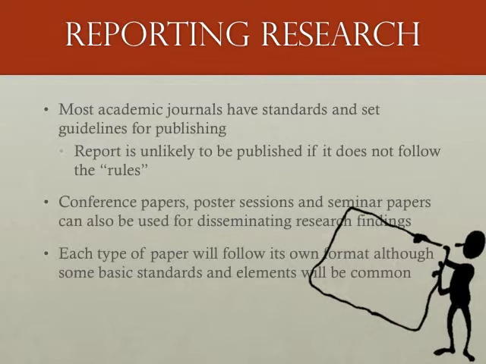Sometimes it's as simple as taking a look at a few of their publications to get a sense not only of what sort of standards they have, but even just the general format. Because not all journals use the exact same format when they go to present results.